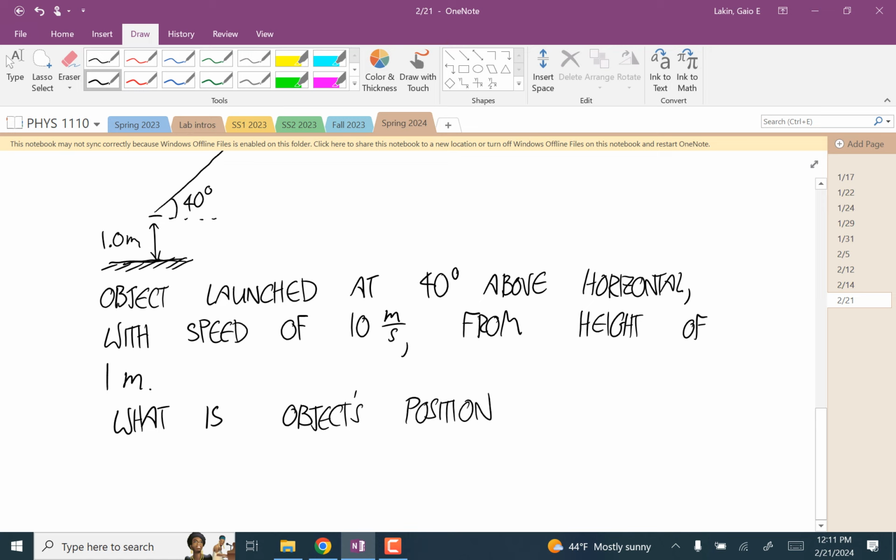So what's the object's displacement vector from its start point to its highest point?